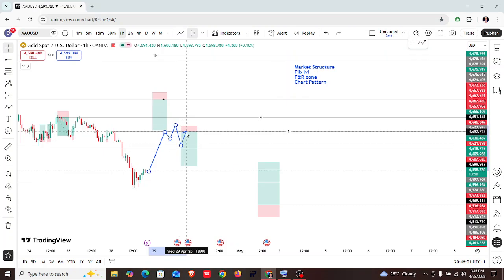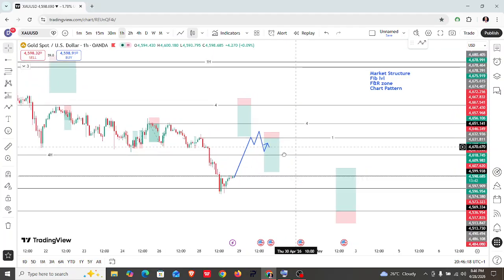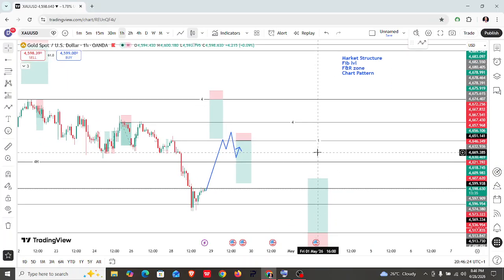I'm expecting price to come to this zone, create a first leg, take it out, also change the character and return. When it returns to this place, this is what I'm going to buy. I could have taken a sniper entry when it gets to this zone, but based on how gold reacts and manipulations and all that, I would like to be very, very conservative.